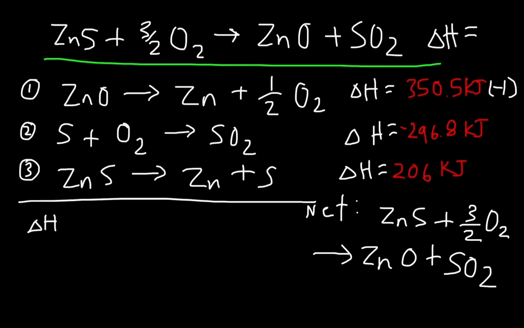So the total enthalpy change is going to be 350.5 times -1. I'm not going to write the units because they'll take a while. However, I do recommend you write down the units because your teacher may take off marks for that.